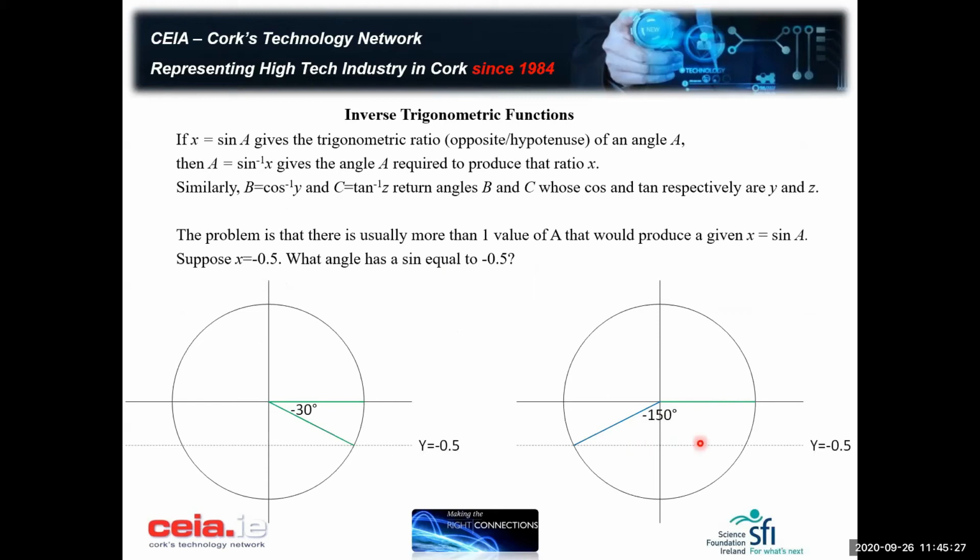But you could continue to rotate around through 360 and add on another 360 to give you 570 degrees in this case, and you get back to where you were. And that's what this graph here is showing.